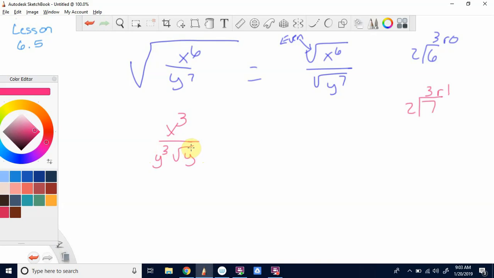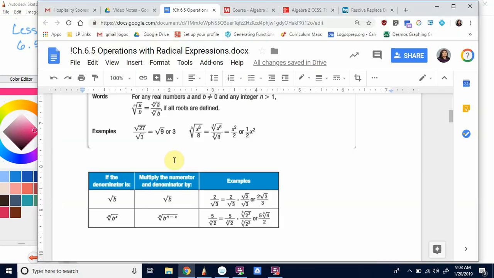Now, to simplify this, we cannot have a radical in the denominator. So we're going to rationalize, and this is where we go back to that key concept box. It pertains to the denominator. If it's the square root of b, then you just multiply it by the square root of b, and the radicals will cancel out.